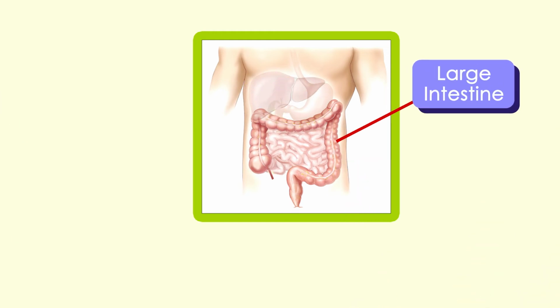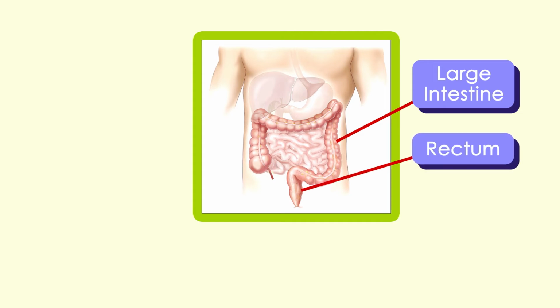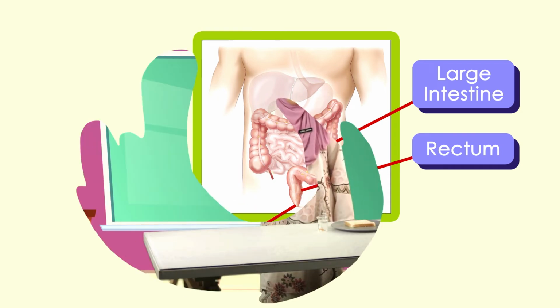This is what the large intestine looks like. The large intestine is joined with the small intestine. This is the rectum. And this is the anus.